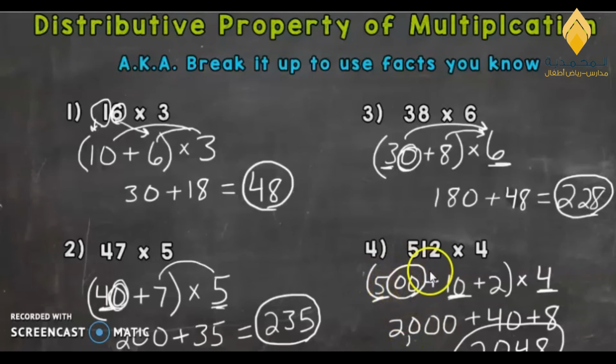Then put these two zeros next to 20, and it becomes 2000. Plus 4 times 10, 40. 4 times 2, 8. And then add these three numbers together. 2000 plus 40 plus 8 is 2048.